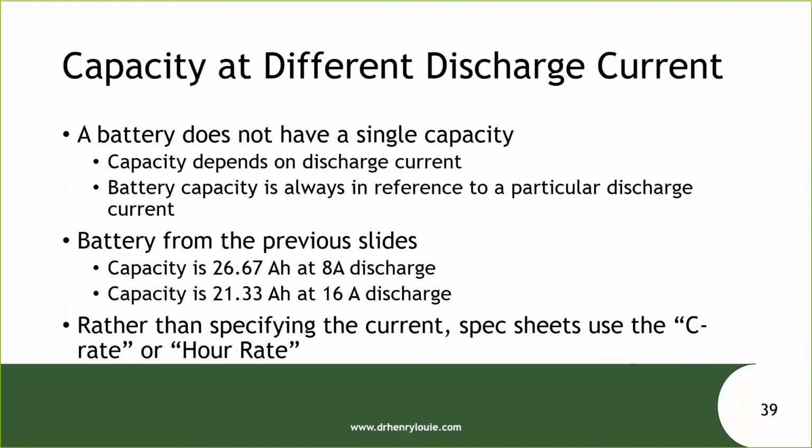So a takeaway from this is that a battery really doesn't have a single capacity. It really depends on the discharge current. And any capacity that you ever see is referenced to a particular discharge current. So in our previous example, there are 2 capacities that we determined based upon the current that we discharged it at.